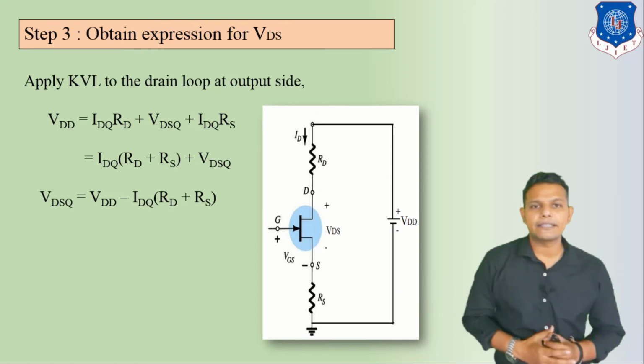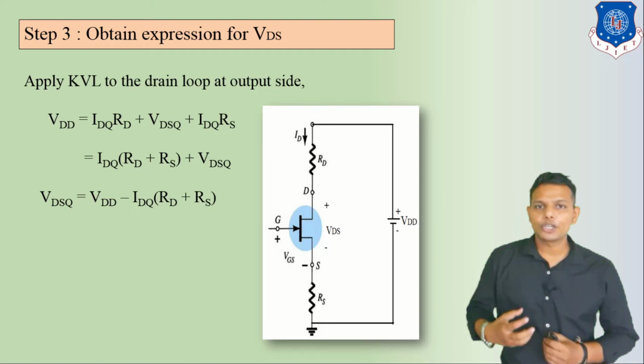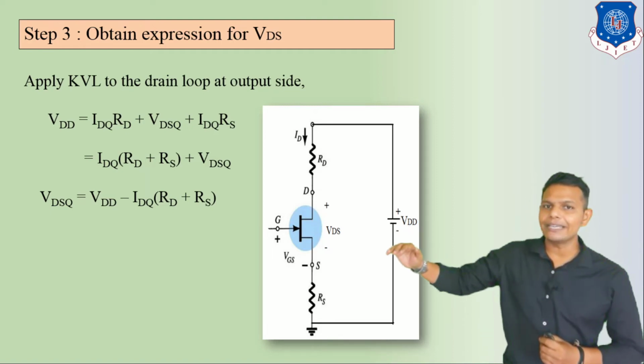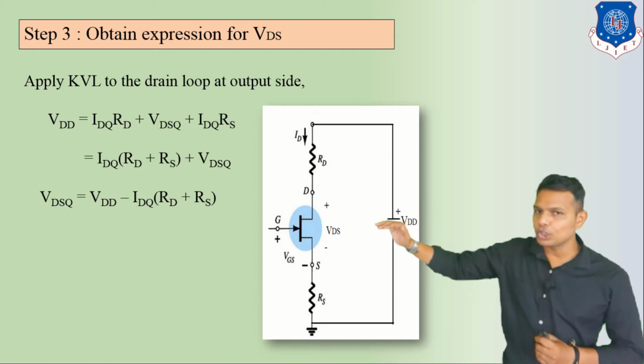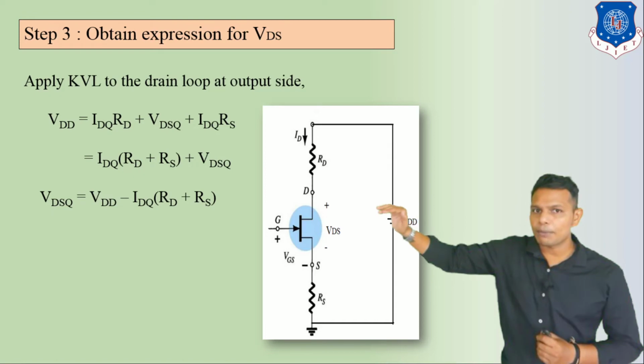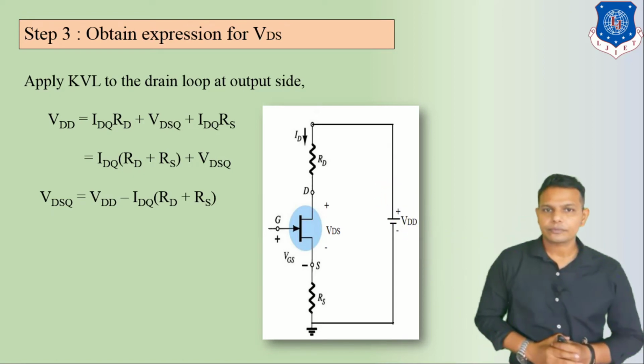Now here we can see in this equation we applied Q, that represents the Q point. So we can write this equation: VDD is equal to IDQ into RD plus VDSQ plus IDQ into RS.